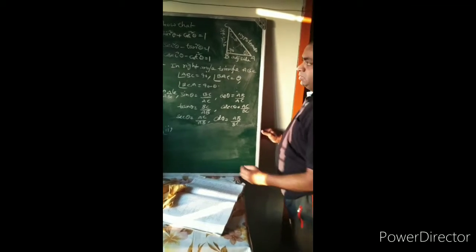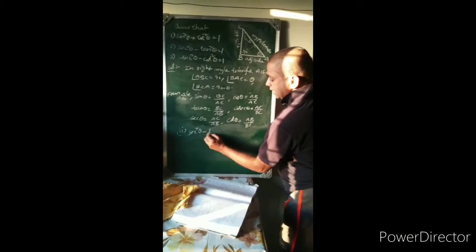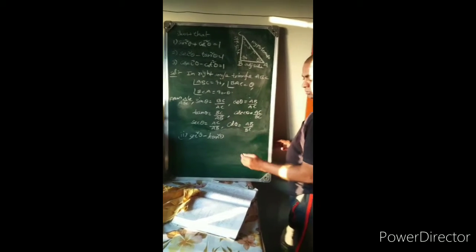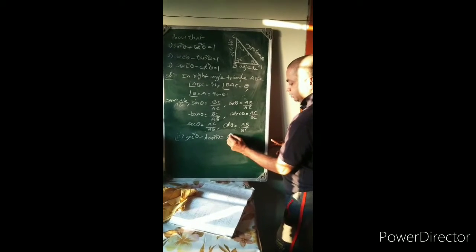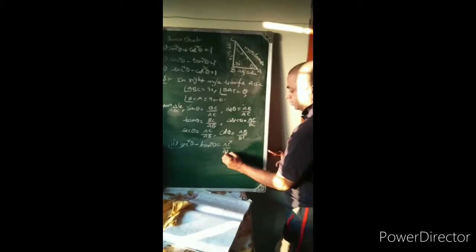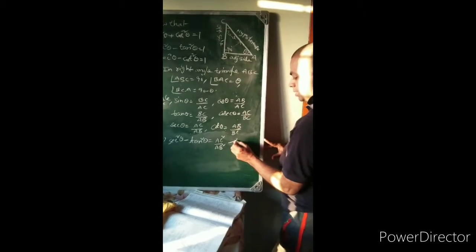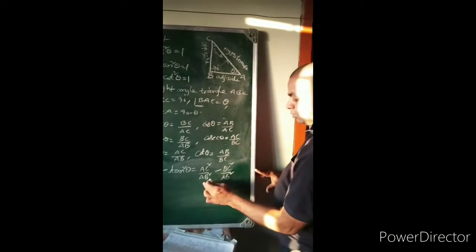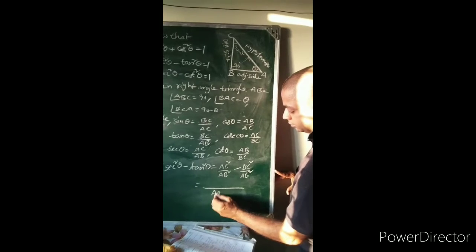And the second one, secant square theta minus tan square theta, I have to prove it is 1. For that, secant square theta means AC square by AB square, minus tan square theta means BC square by AB square. If you observe, the denominators are the same, so the LCM is AB square.